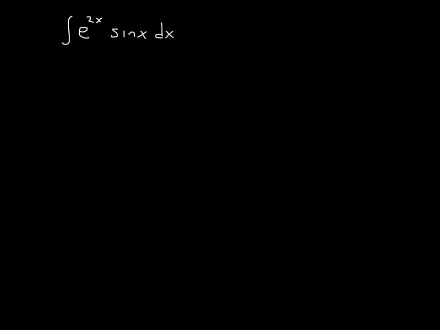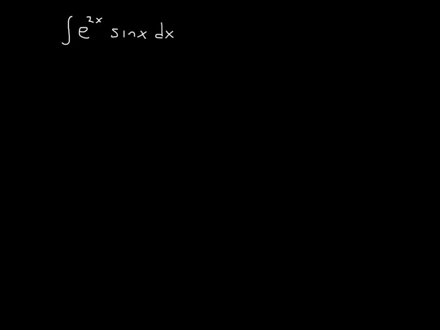But remember, our guideline is to let u be, when we get down far enough, the trig, and then the next one down would be the exponential. Quite honestly, I've seen people do both here. I've had some people let u equal the exponential and then dv equal the trig function. So it really doesn't make a difference.